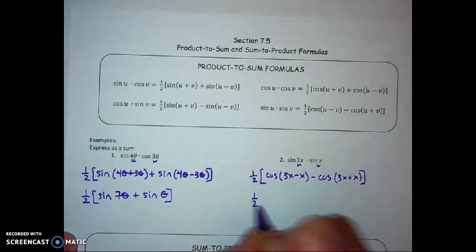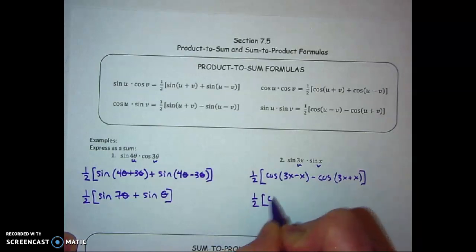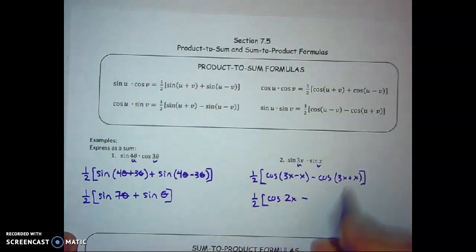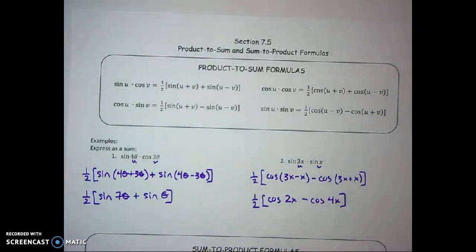Again, simplifying, I get 1/2 cosine of 3x minus x is 2x, minus the cosine of 3x plus x is 4x. Again, these problems are a matter of recognizing the structure and being able to apply that structure.